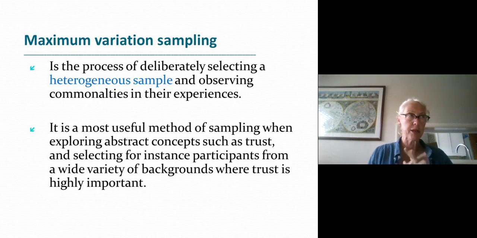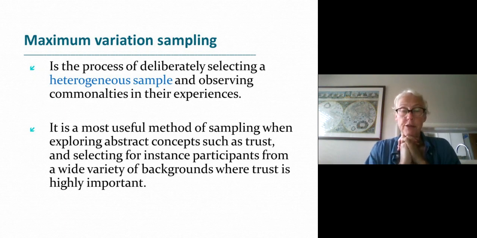And it's typically a method used when we want to explore some abstract concept, and I've suggested the concept of trust there, where actually we just want to know generally how do people feel about trust in this particular context. So for instance, it might be you're interested in people's online purchasing behaviour, say for an event, or making a booking online in tourism, and trust is quite important there. You might want to explore that with a maximum variation sample.